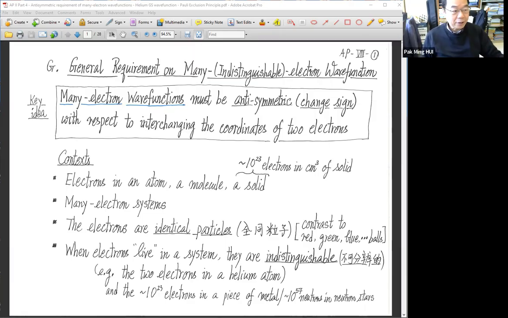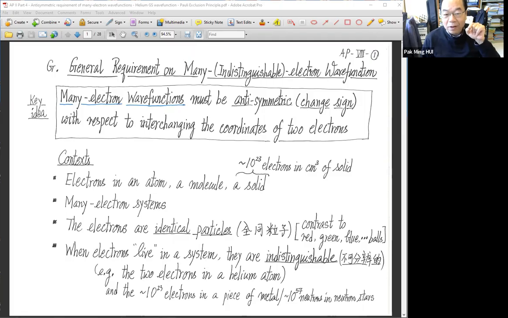So let's get started. The first thing I would like to introduce is this box. Even if you don't follow 100% of what follows, this is the key idea, and that is nature's choice. So let me first give you the key result. Many electron wave functions must be antisymmetric.